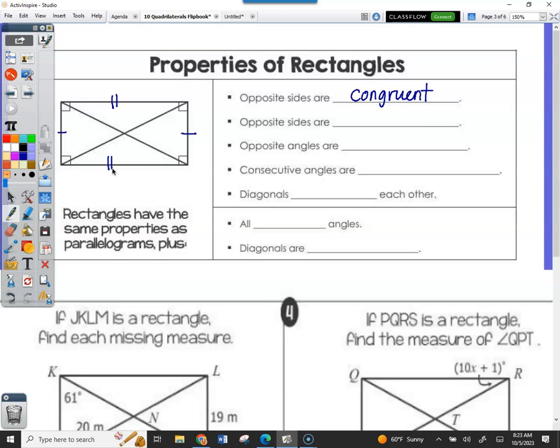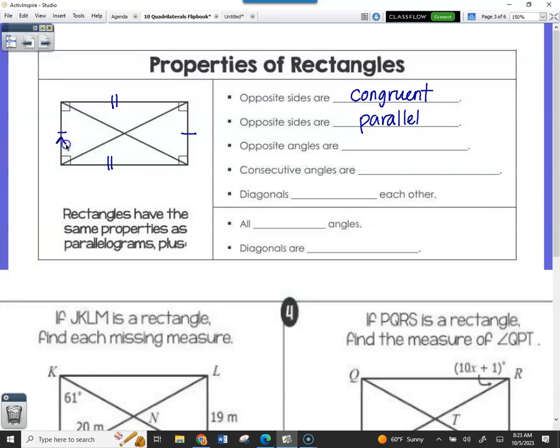Opposite sides are also parallel. So this runs along with what we've already been practicing with parallelograms. So opposite sides are also parallel.